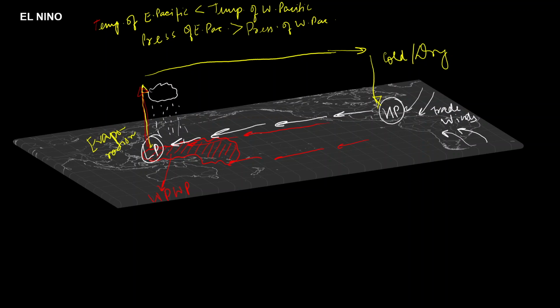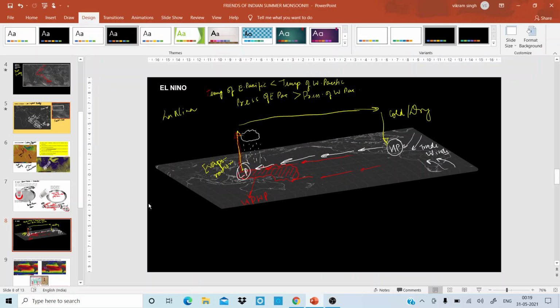Therefore, during this time, which is called La Nina, the Indonesian area, the Western Pacific region, suffers heavy rainfall, while the Eastern Pacific region has almost no rainfall. I hope you understood this.